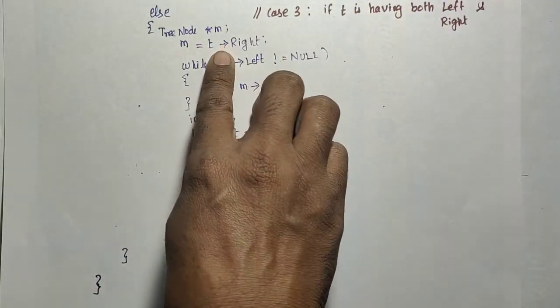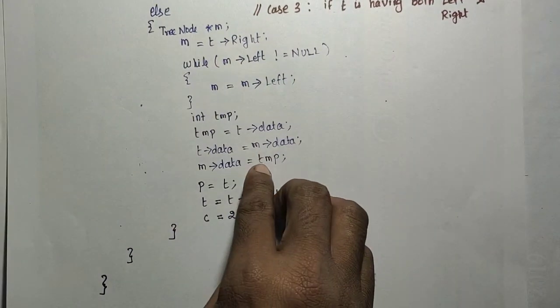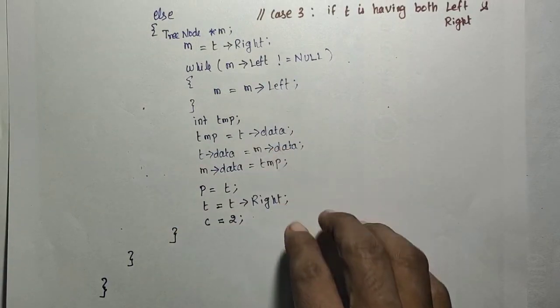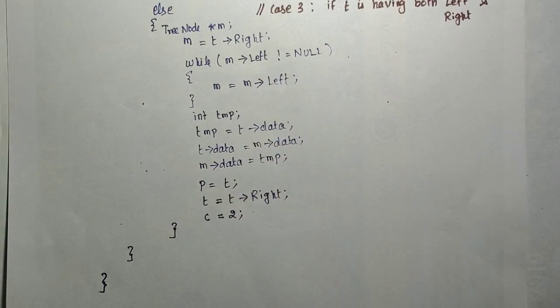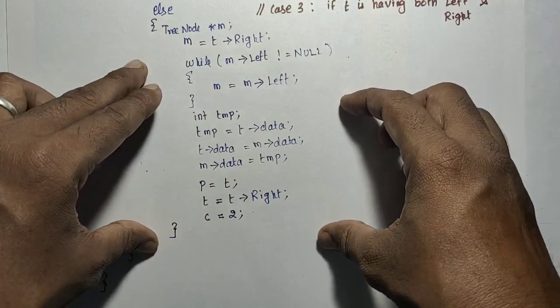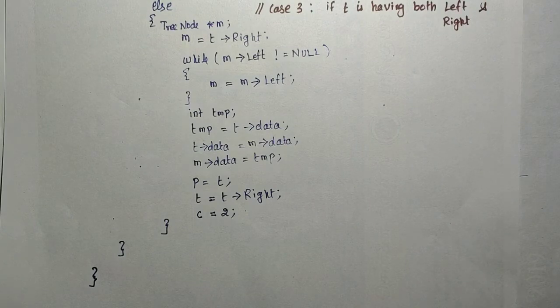So we have taken the right subtree and this is the code to find the leftmost element, and that element and T data have to be swapped. After swapping I need to continuously search on what? Only the right side. So that T has to be moved to the right side. Okay, then I have to continue searching the T. So in the third case the T will not be deleted immediately. Instead, the T data will be swapped with some other data. Okay, and it will continue searching for the T.